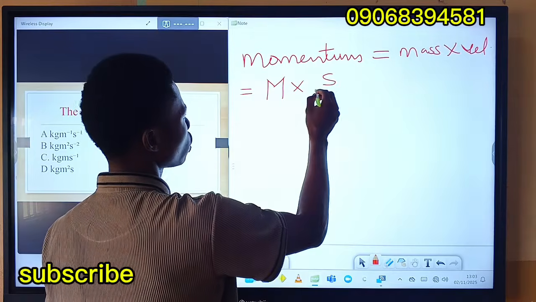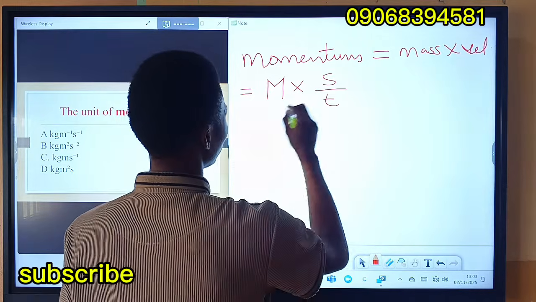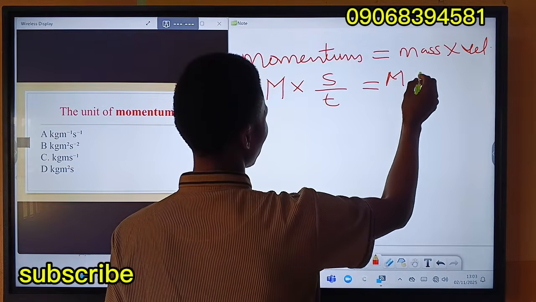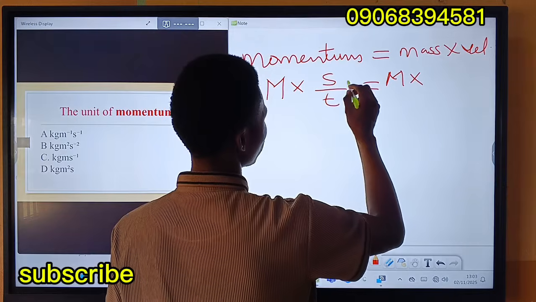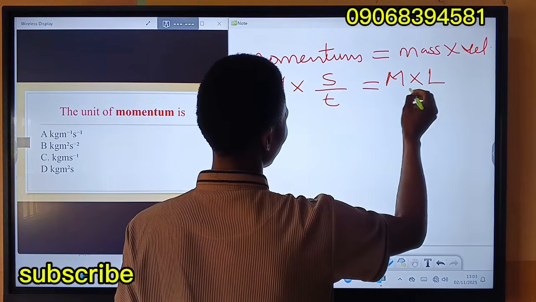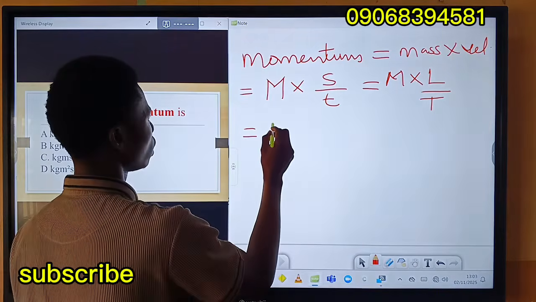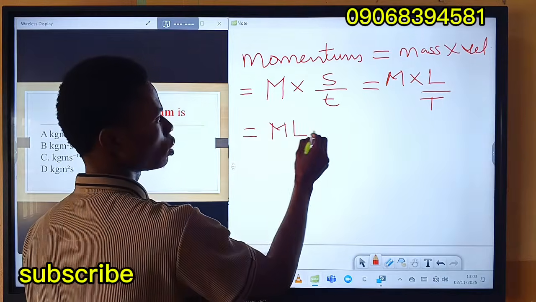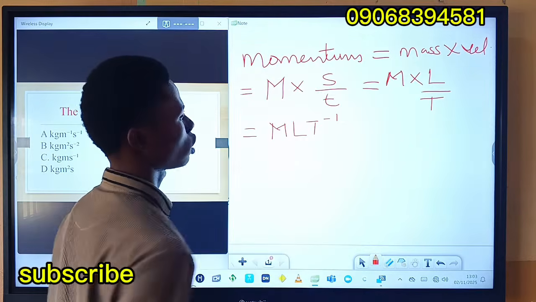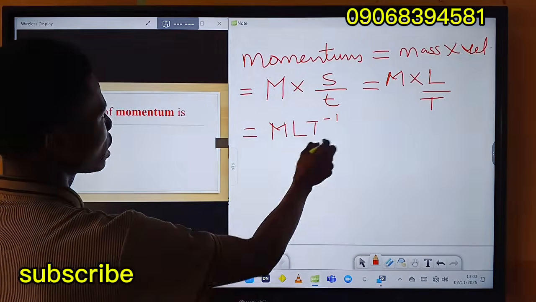Velocity is displacement over time, and displacement is distance, length, so I'll use capital letter L over capital letter T for time. This is the same thing as saying M, L, and if I want to bring the T up, T raised to the power minus 1. Remember, bringing it up, use minus 1. Good. But this is the dimension.